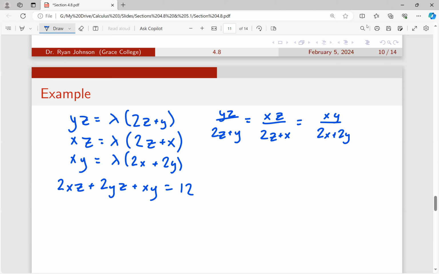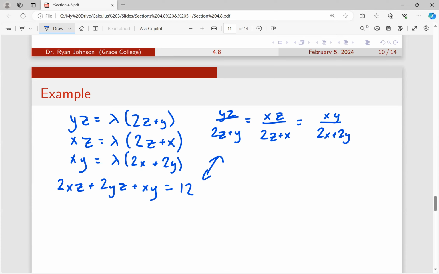So these 2 equations and this equation give me all the information I need now. I was able to get rid of lambda.